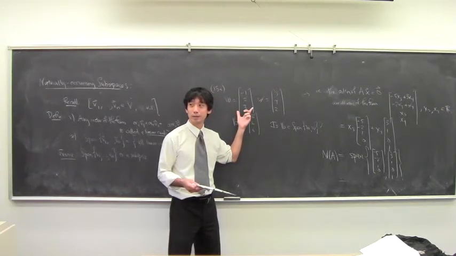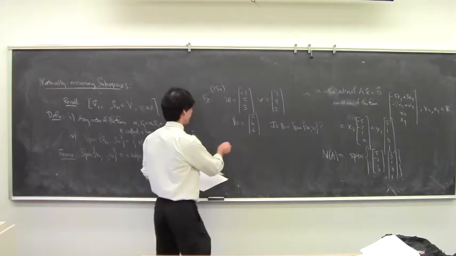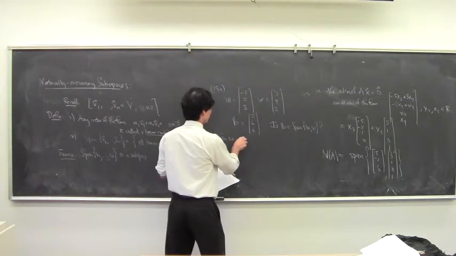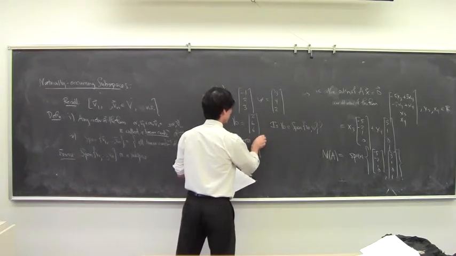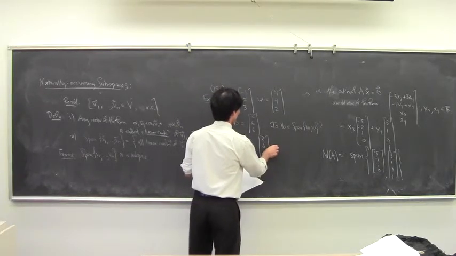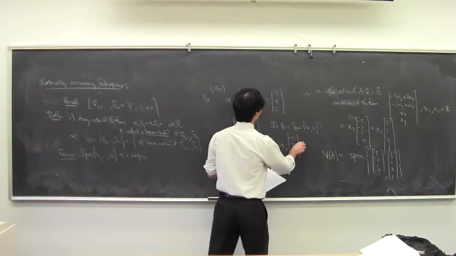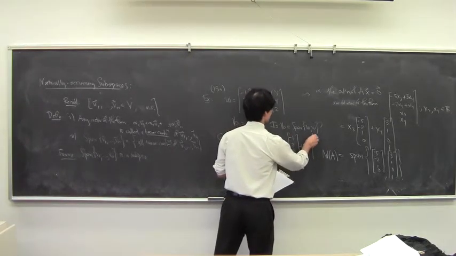So you say, well, we want to know, can we express 2, 6, 6 as some number times the first guy plus some other number times the second guy?